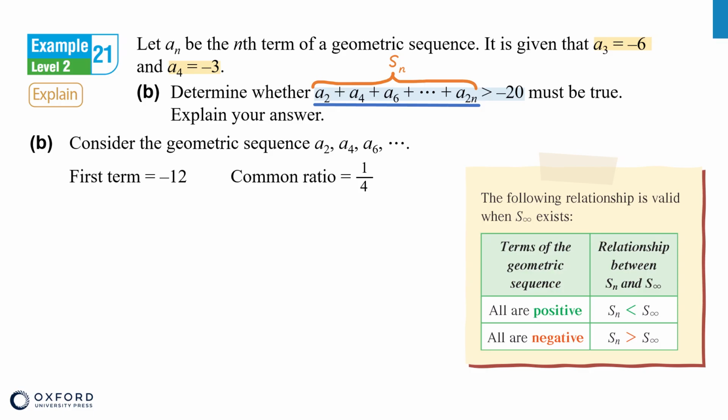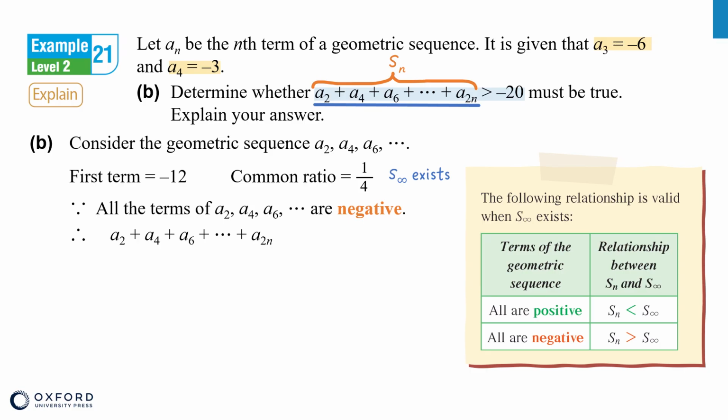The common ratio of this sequence is 1/4, which is between -1 and 1, so the sum to infinity exists. And the first term is negative, while the common ratio is positive, so all the terms of this sequence are negative. As a result, the sum of the first n terms of this geometric sequence is greater than the sum to infinity of this geometric sequence.